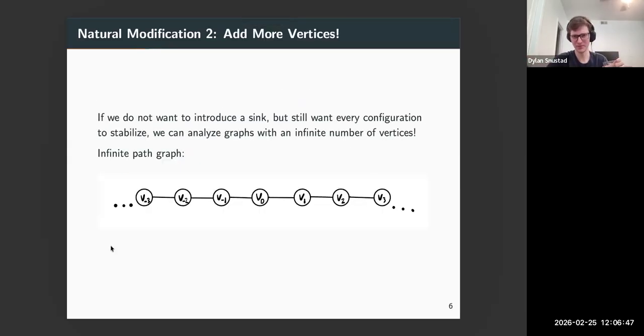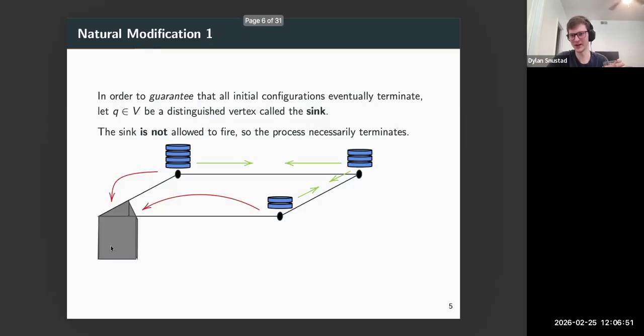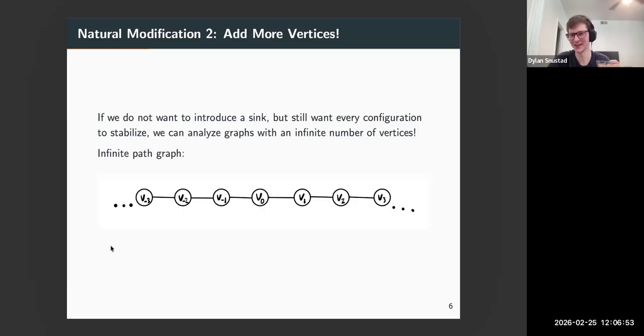Modification two, you can see this is precisely where I ran out of Bailey slides, so production quality is going down with my picture. But natural modification two is we can just add more vertices, meaning let's just play on an infinite graph.